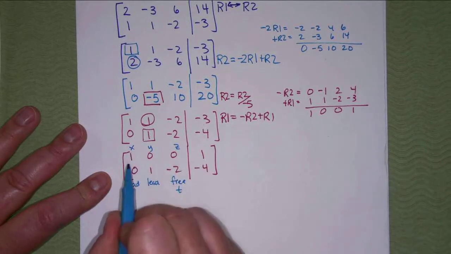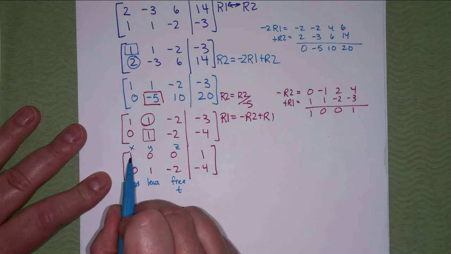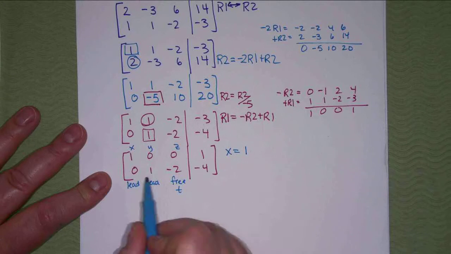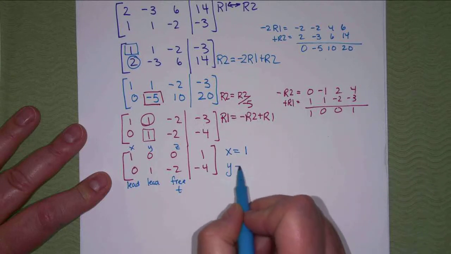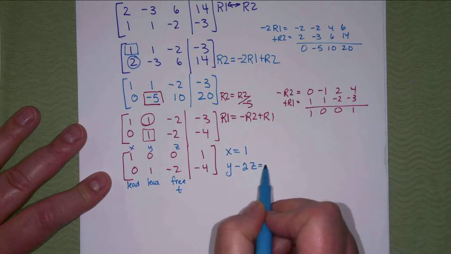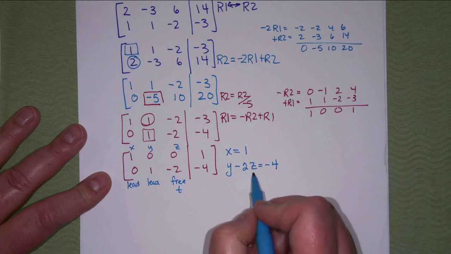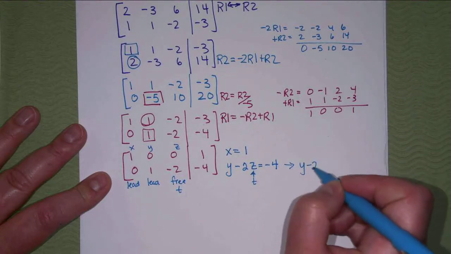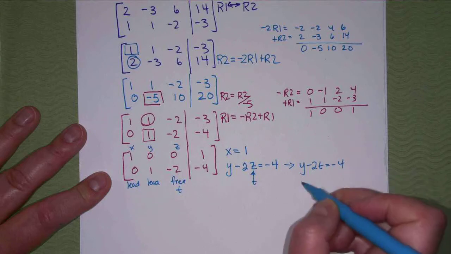So our first row gives us x equals 1. Our second row gives us y minus 2z equals negative 4. And z we're going to let be t. So y minus 2t equals negative 4, and solve for y.